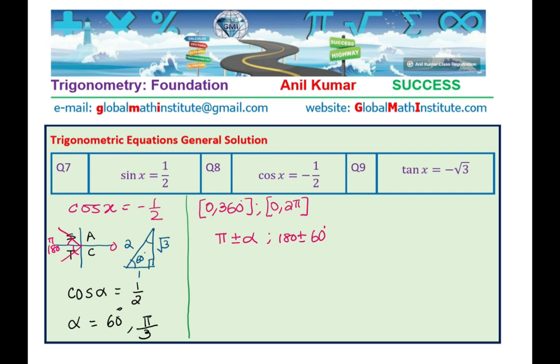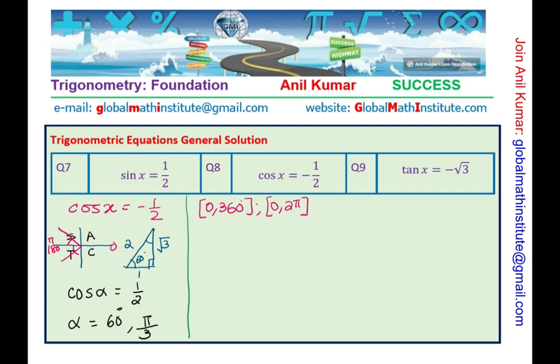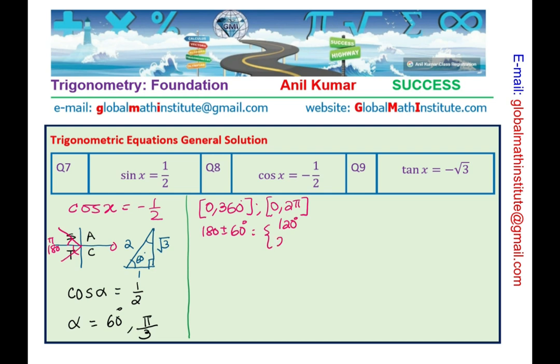So in general, that is the value which you are getting. Let me write the degrees first, as we had been doing earlier also. So the angles here will be 180 plus or minus 60 degrees, right? Which gives you two values, of course, and one is 120 degrees and the other is 240 degrees, correct?